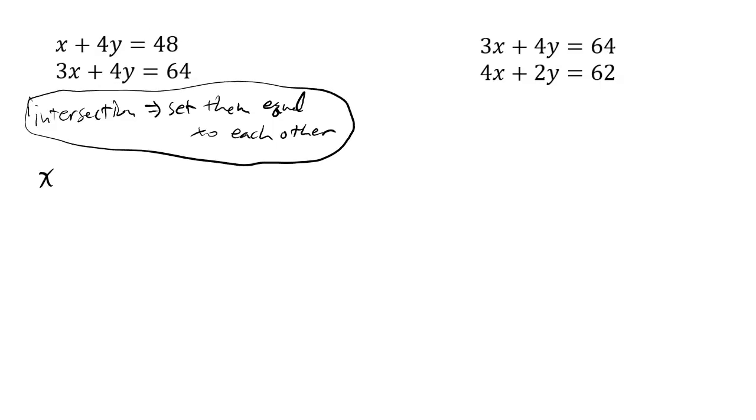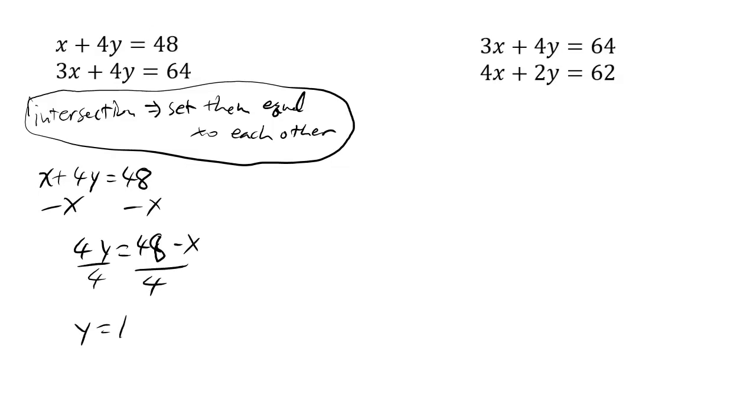So x plus 4y equals 48. When you subtract x, you get 4y equals 48 minus x. Divide by 4, and you get y equals 16 minus 1/4 of x. And since this is getting boring, let me just do the same thing for the second equation.